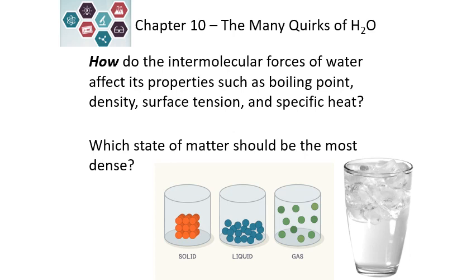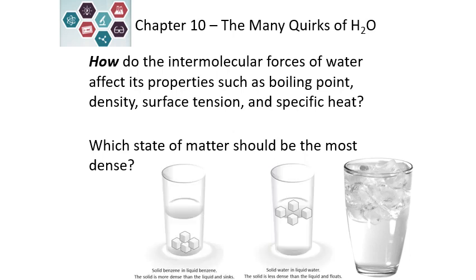How about water? Okay, so we're pretty familiar with water, where we have liquid water on the bottom of our glass and we have ice on the top of our glass. So what does that tell us about the density? Well, it means that the ice is less dense, but it is a solid.